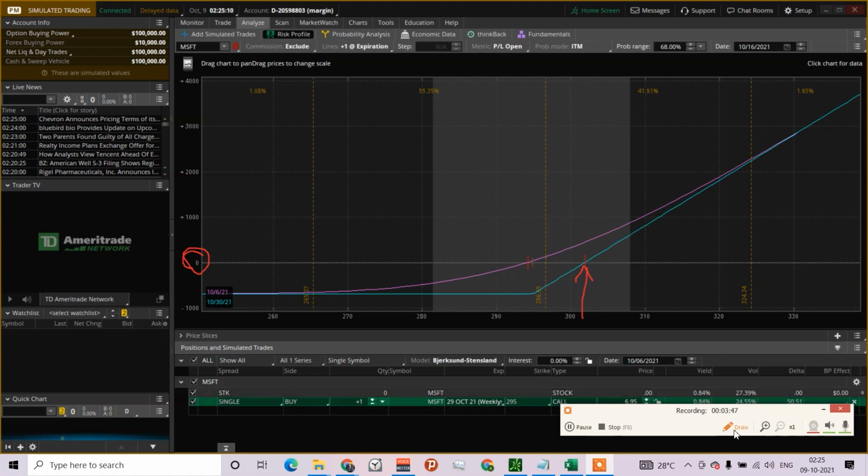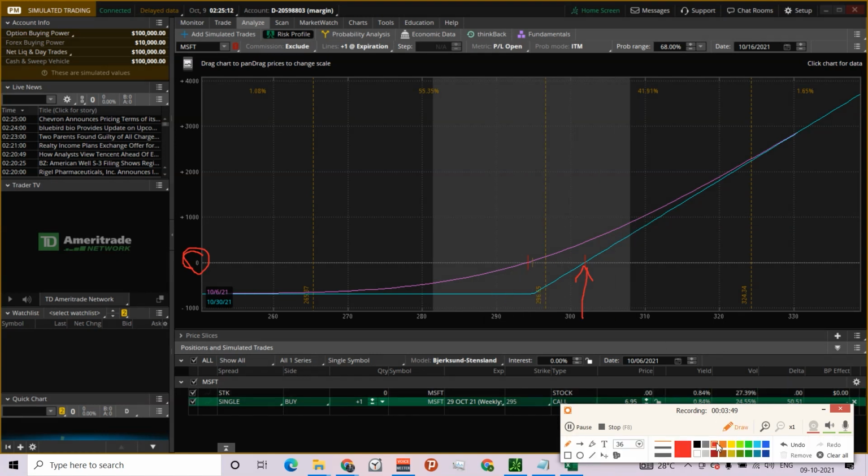So as I say, the downside risk is limited. As you can see here, the downside risk is only this much, but the upside potential is unlimited. But the probability of a stock going up continuously is less from one point of view.